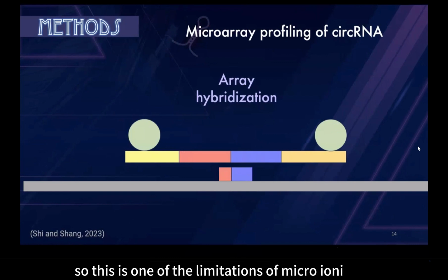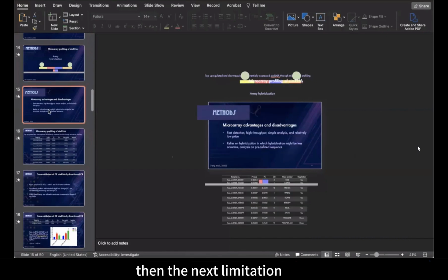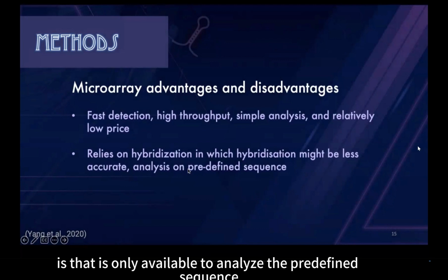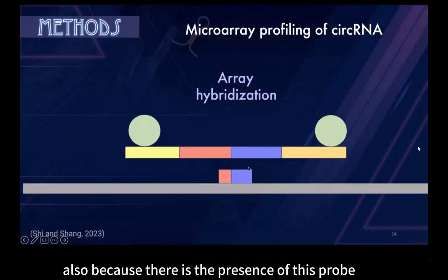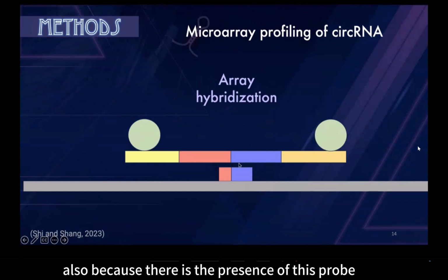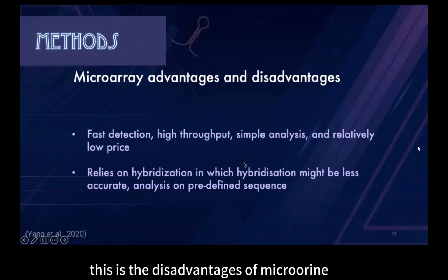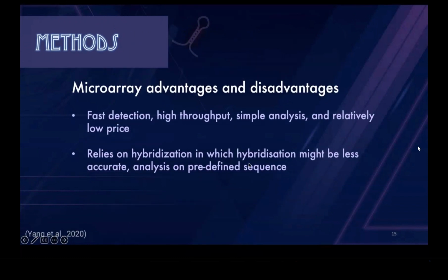So this is one of the limitations of microarray. Then the next limitation is that it is only available to analyze the predefined sequence, also because there is the presence of this probe. So you have to know what is the sequence first to make the probe using the arrayer system. Yeah, these are the disadvantages of microarray.